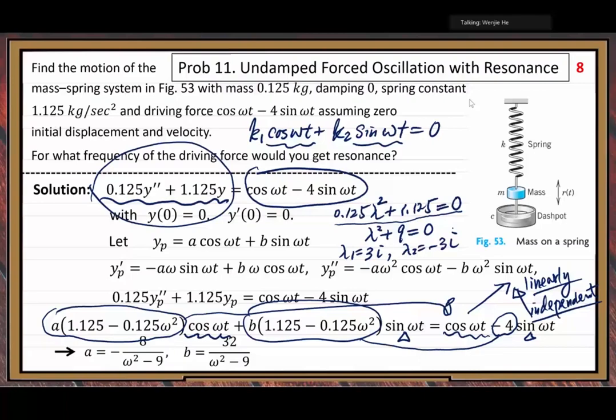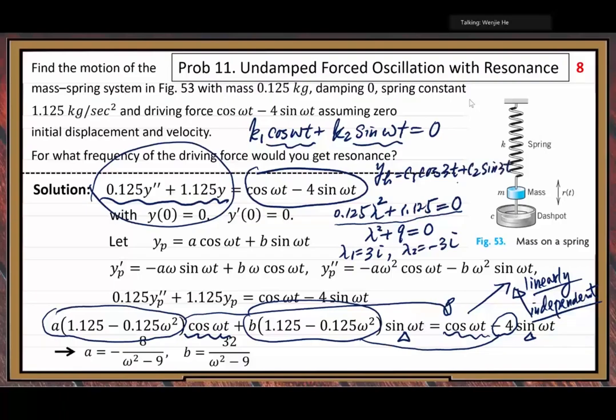Look at the general solution of the homogeneous part, YH: C1 cosine of 3t plus C2 sine of 3t.